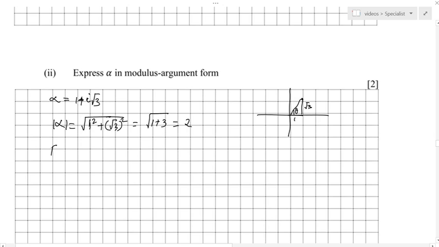And from the diagram, theta is equal to tan inverse root 3, which gives you pi over 3. So simple question, alpha is equal to 2 cis pi over 3.